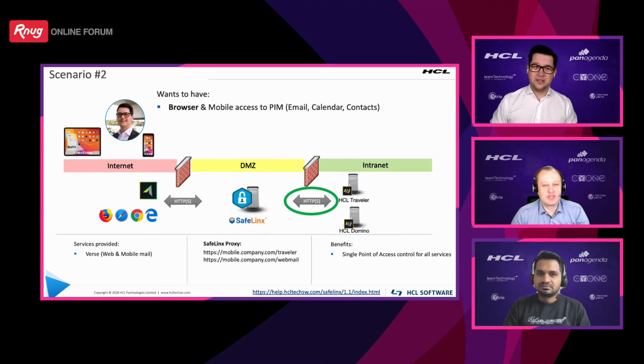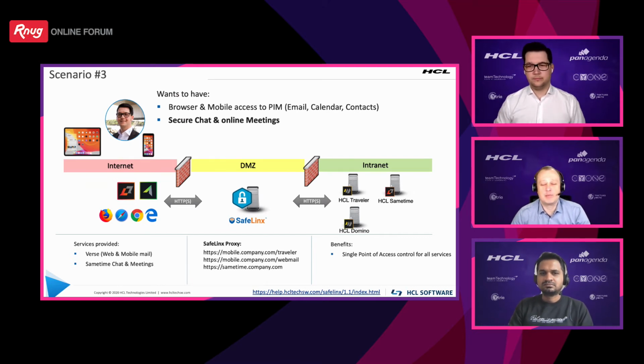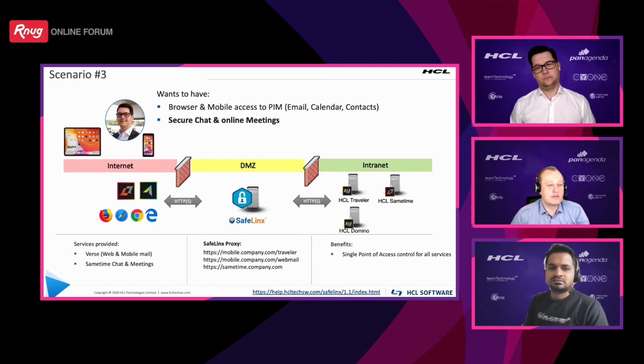Of course, you are giving me just a very little challenge, because what we would have to do from an IT point of view is to install an HCL Safelinx environment. Safelinx is a chat server and also provides the capability to do online meetings.